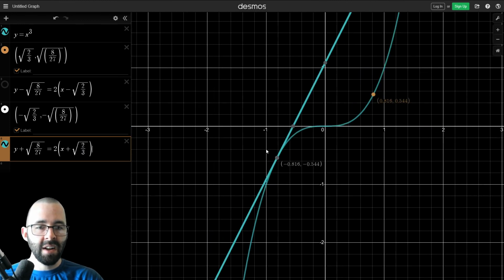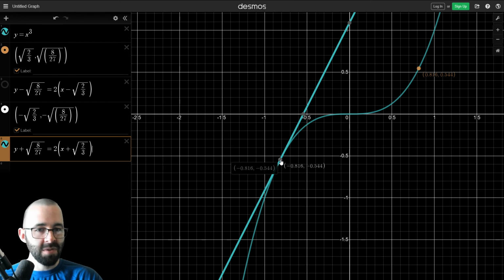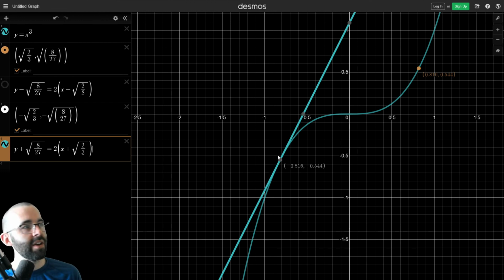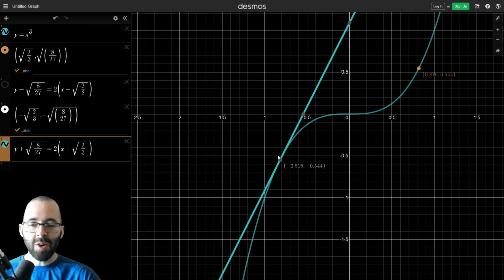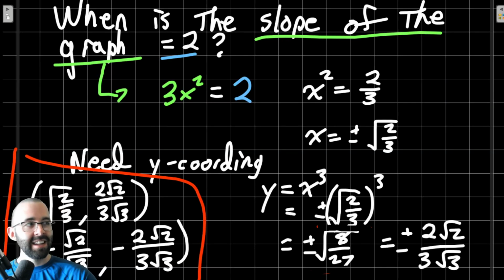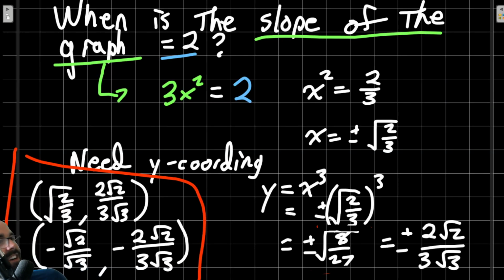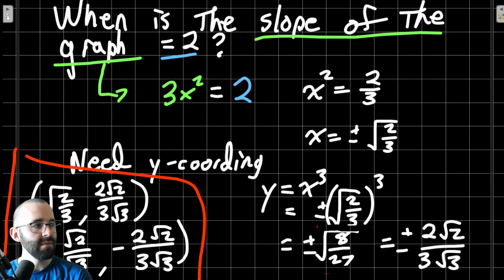And again, we've got a beautiful tangent line with a slope of 2, exactly what we wanted. So even though you're looking at this and you're saying, this is such an ugly answer, it's a correct answer. All right, and that's how we can visualize it.